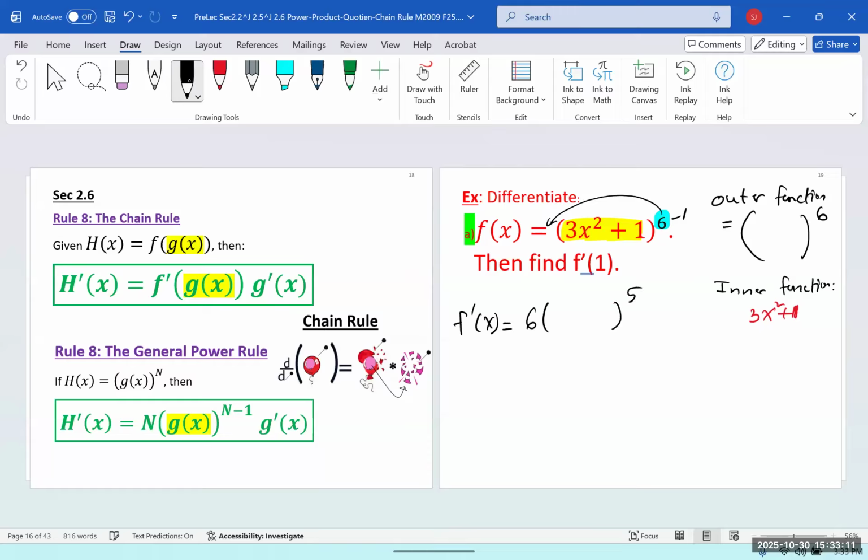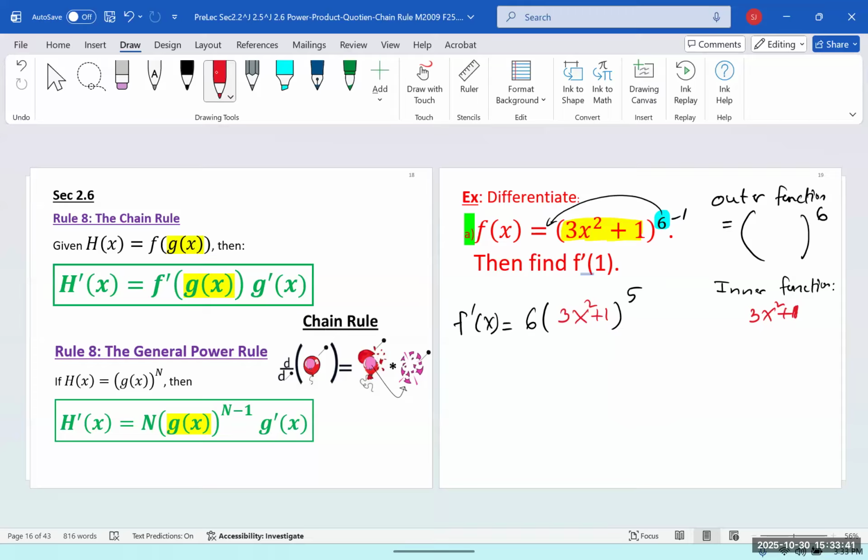So this is the derivative of the outer shell. Since you change the outer shell, you cannot change the inner function. So leave the inner function unchanged. Derivative can change only one function at a time. So you change the power 6 to power 5. So you cannot change the inside.